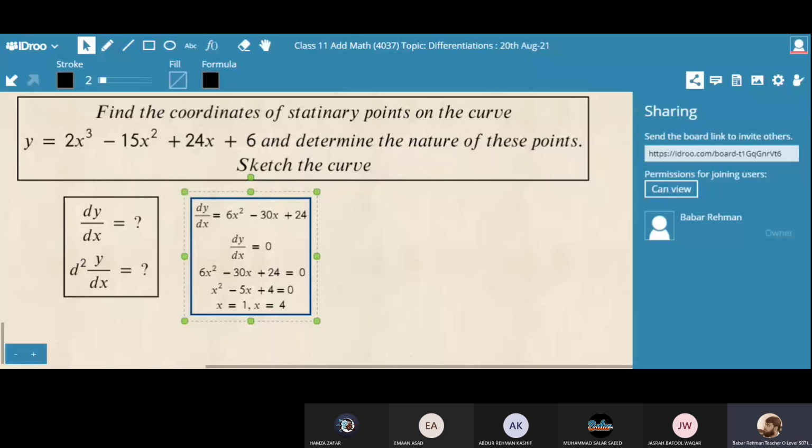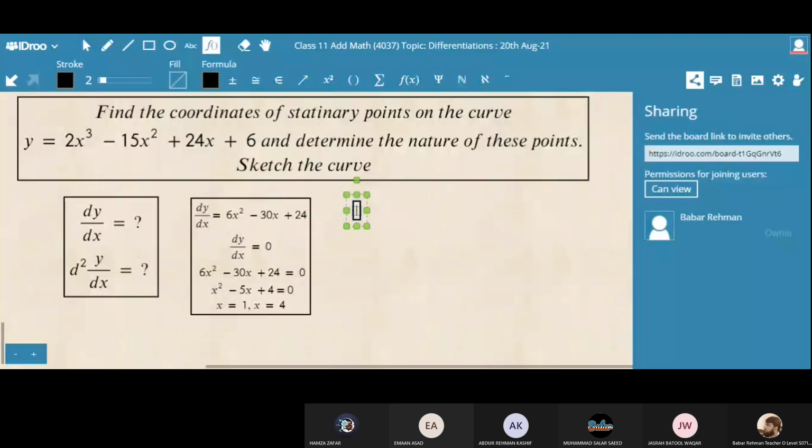Maximum or minimum will tell you whether the double derivative is greater than 0 or less than 0. But for finding the stationary point, we input these values in the equation.